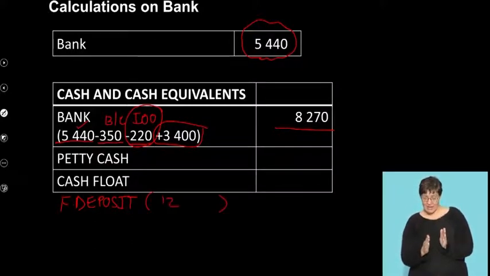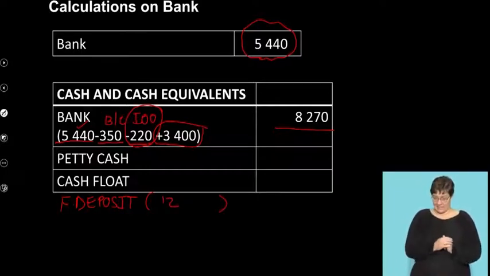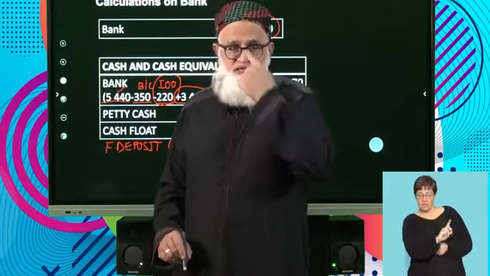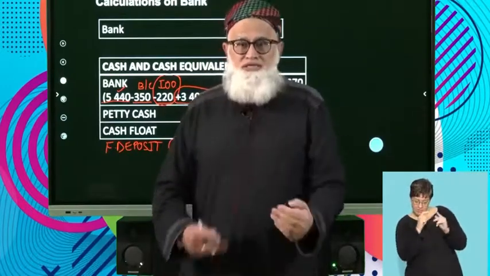Remember, the one that's going to mature within 12 months will be taken out of my fixed deposit under financial assets and will be added to my cash and cash equivalents. So keep this in mind. Whenever you're doing a balance sheet, look for the financial asset, namely the fixed deposit, see which component is maturing within 12 months, take it out of the fixed deposit and include it into your cash and cash equivalents.